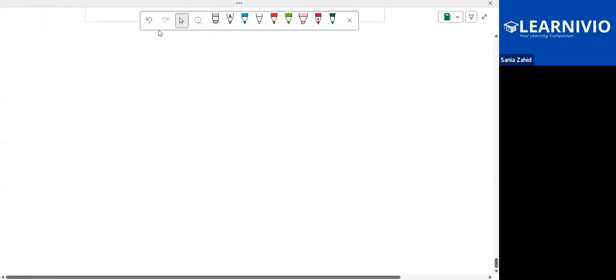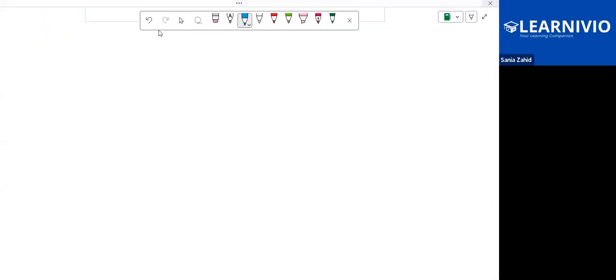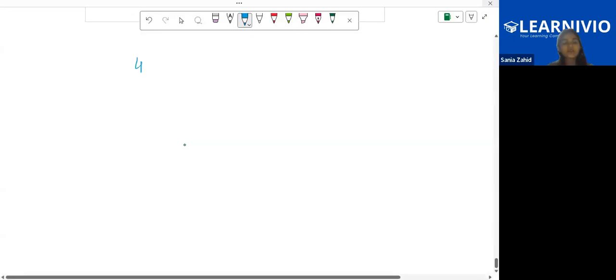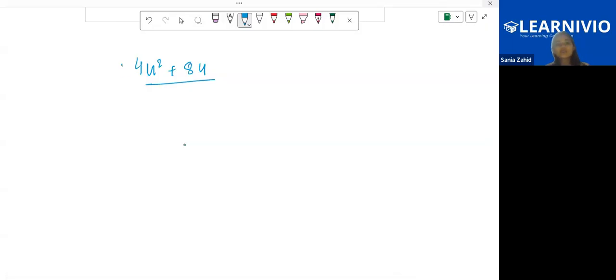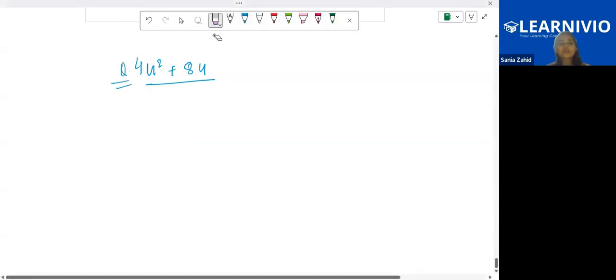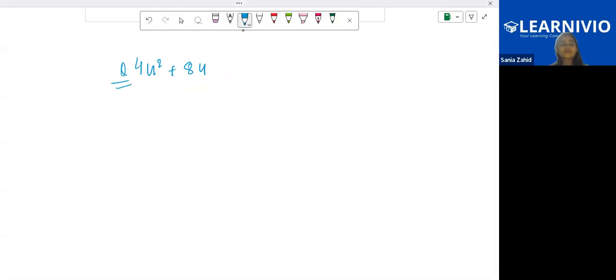So tell me what will be the factors of this polynomial. 4u into u plus 2. First of all, you will take 4u as common. So you have u plus 2.